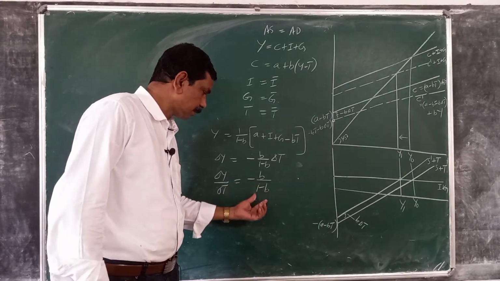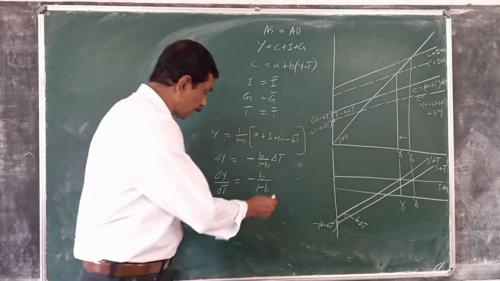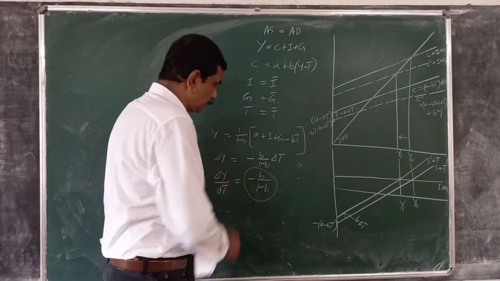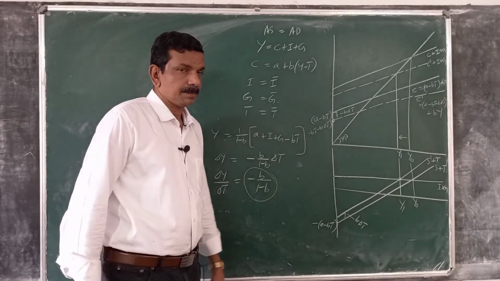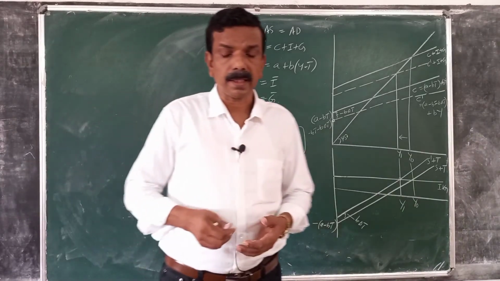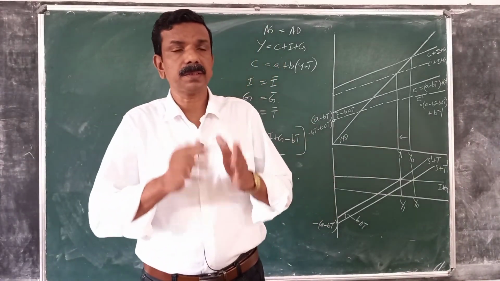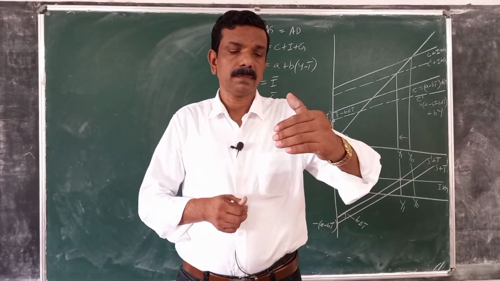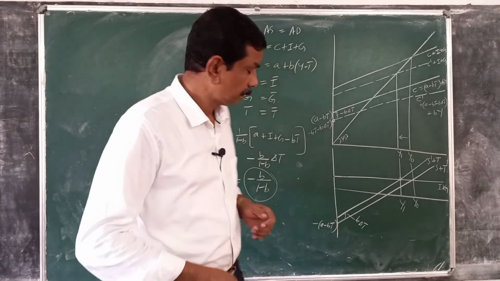So the value of the tax multiplier is minus B by 1 minus B.